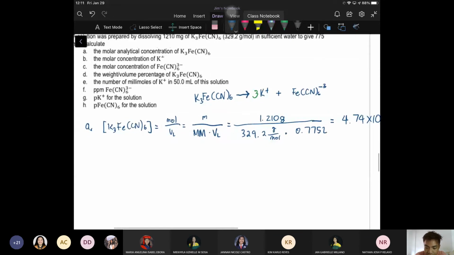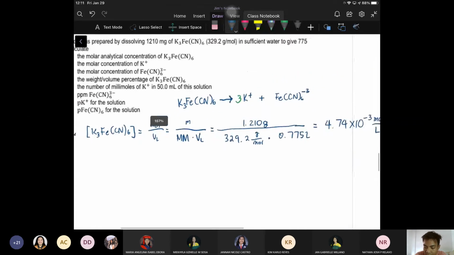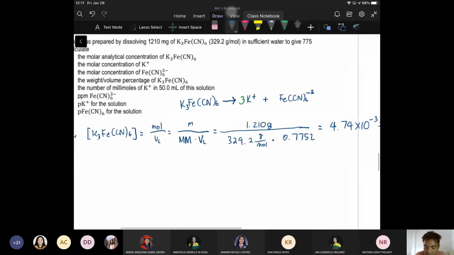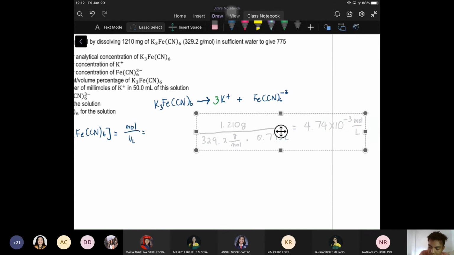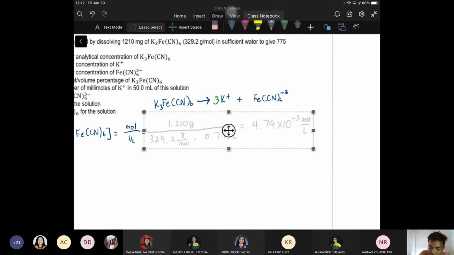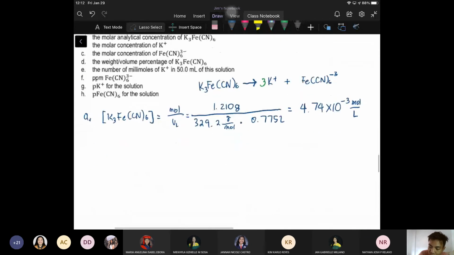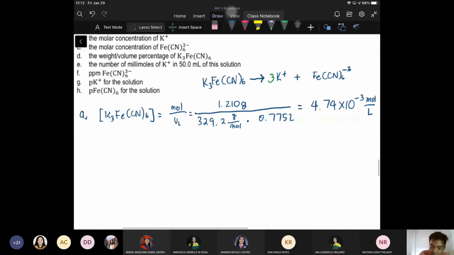Okay, so ayan. Screenshot nyo na para sa mga mag-screenshot. Teka lang, i-compress ko na lang tong equation para malaki yung screen natin. So that's the answer for letter A.